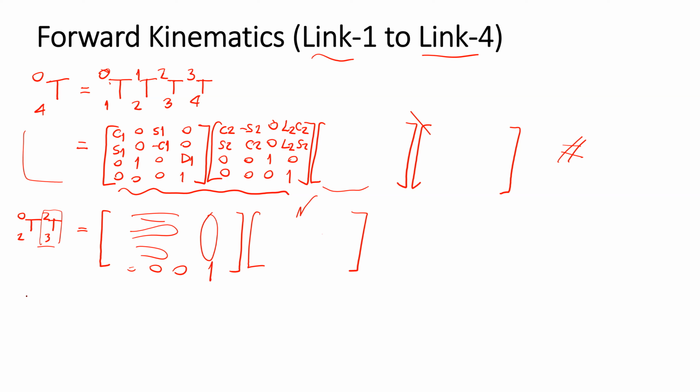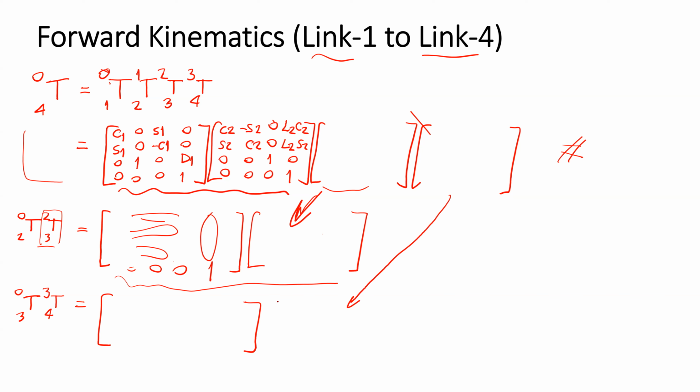And the next step, you have the T of 3 per 0 and multiply by the last one, 4 per 3. It means that the product of this, you will get this metric. And the last one will be this one. And you can get the total one.